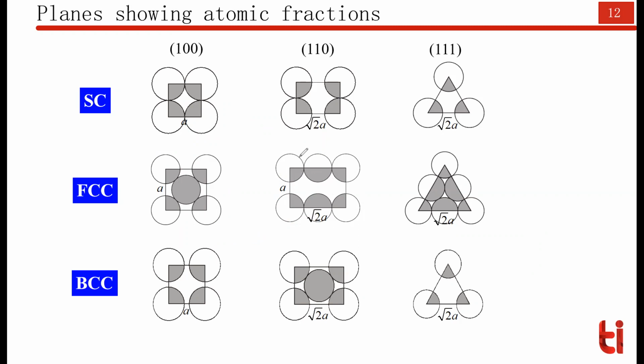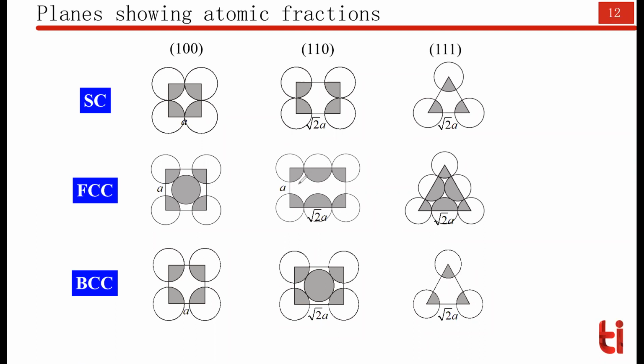If you look at the face atom, what you can see is only half of the atom of the face lies on the plane under interest. So one half each is contributing to the face, making my total contribution from the face atom to be equal to 1.